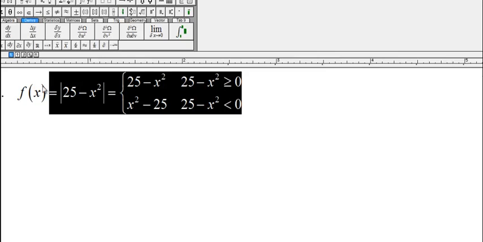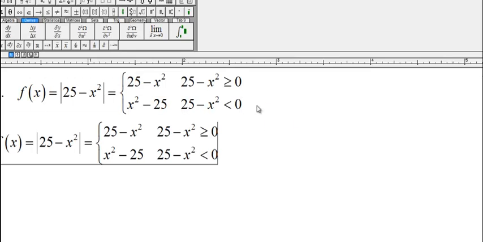Okay, so from there we can use the piecewise defined function then to find the derivative.